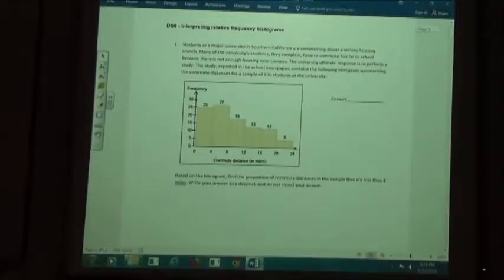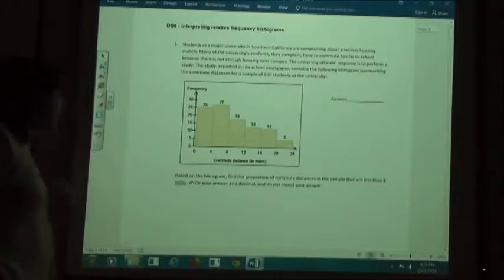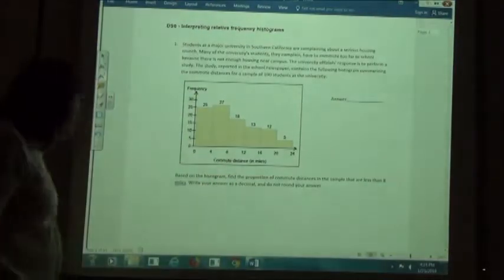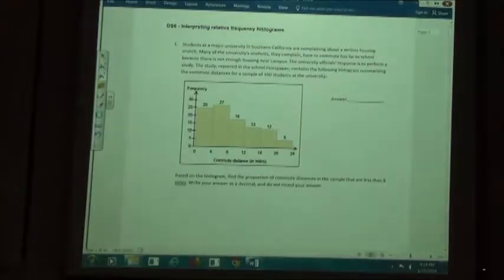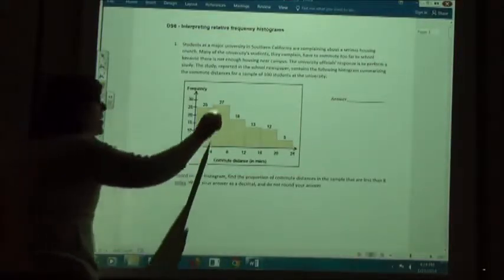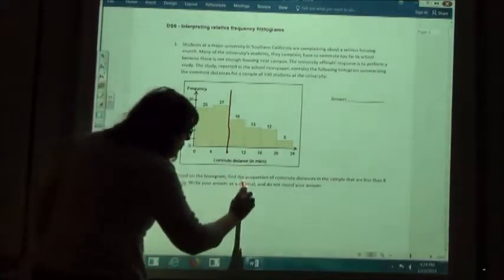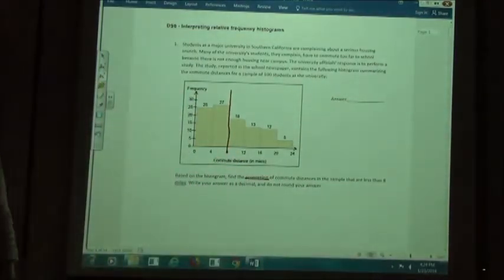We want to figure out, based on the histogram, the proportion of commute distances in the sample that are less than 8 miles. When it tells me to find the proportion, I'm really finding the percent as a decimal instead of putting the percent sign in there.